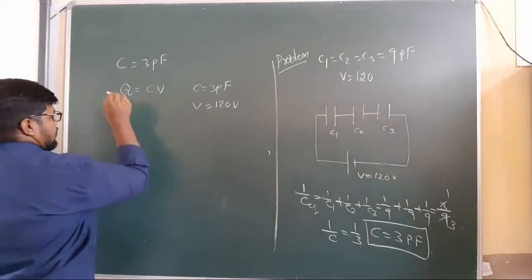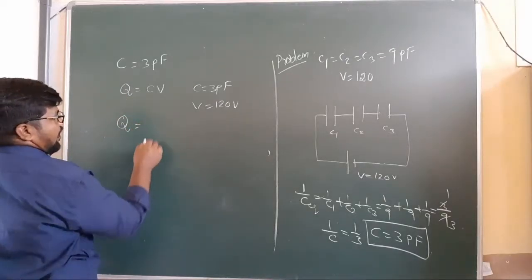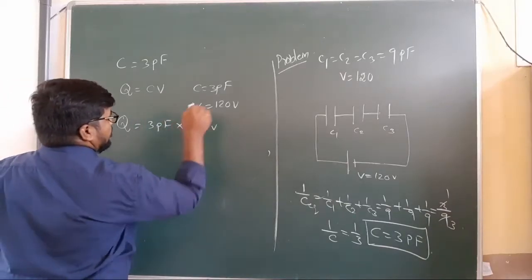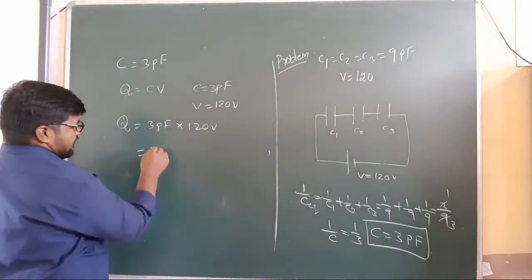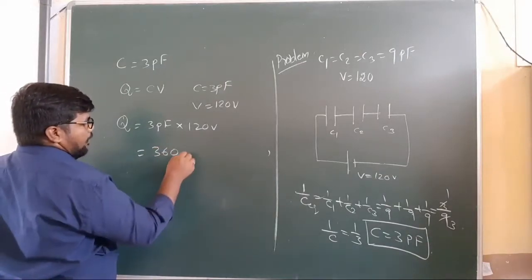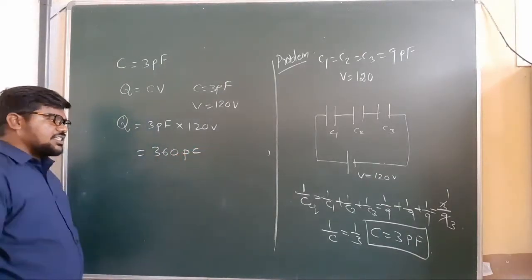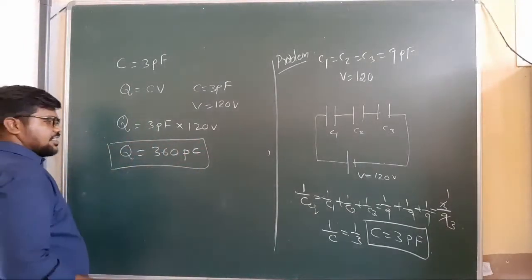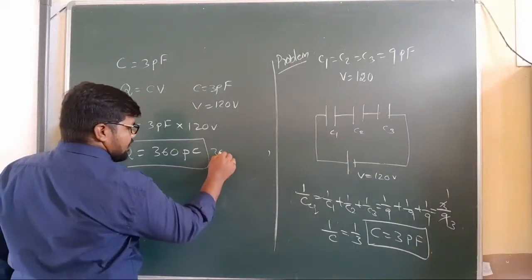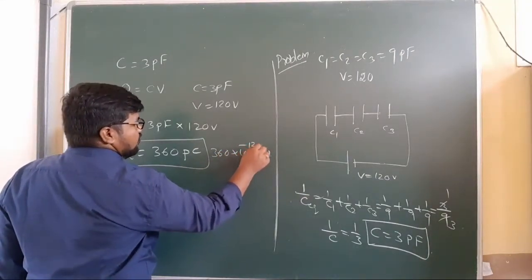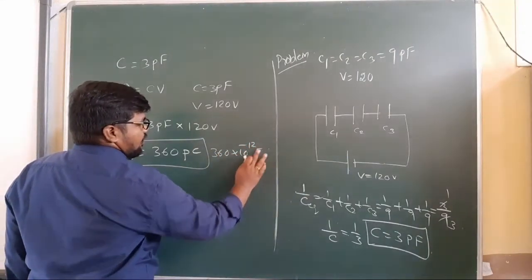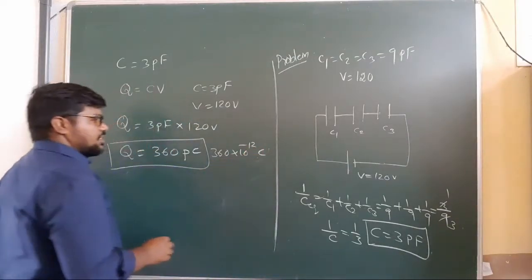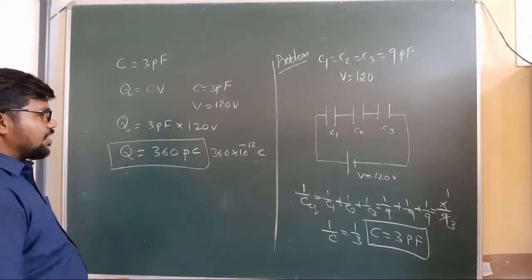Then total charge Q is equal to 3 picofarad into 120 volts, that is 360 picocoulomb, or 360 into 10 power minus 12 coulomb. Clear, my children?